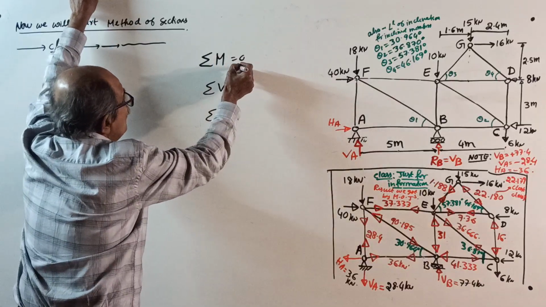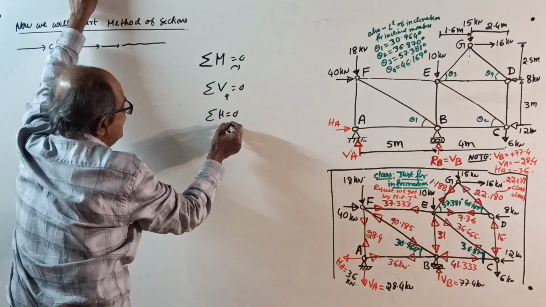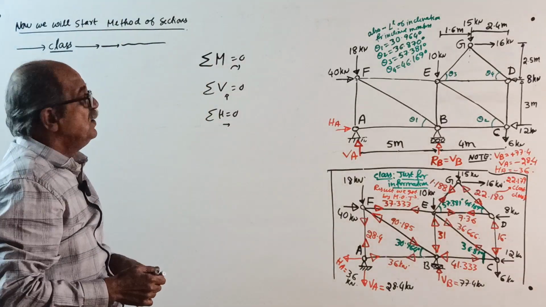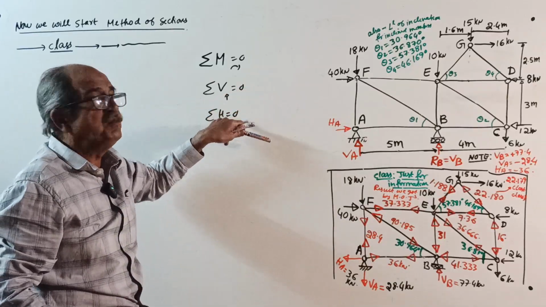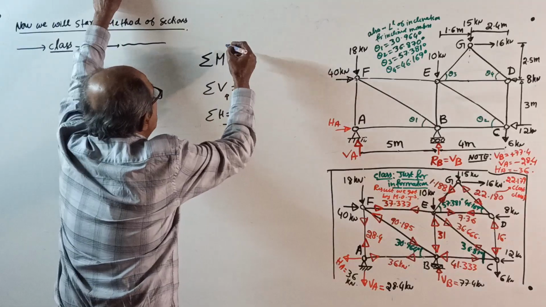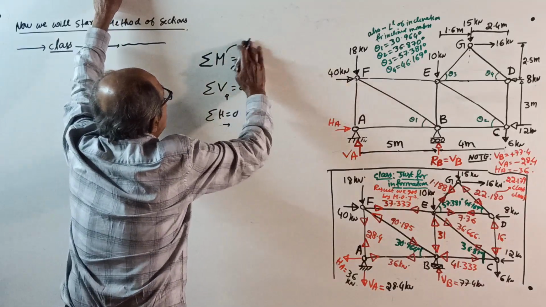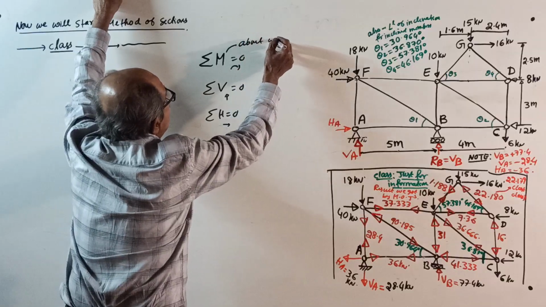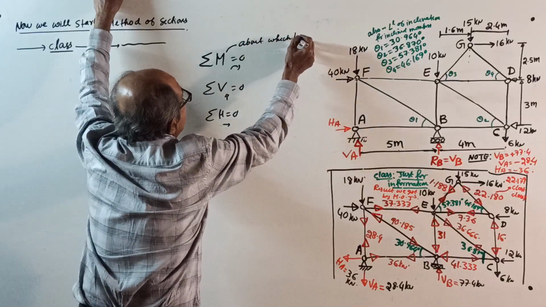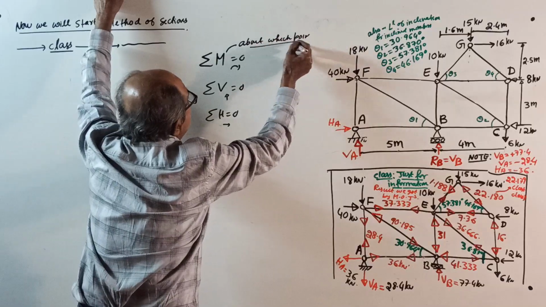Sign convention: we usually take clockwise positive, upward and right side positive. Vertical and horizontal components are simple. But when you apply sigma M = 0, moment about which point? It is very, very important. About which point? Make a note here.